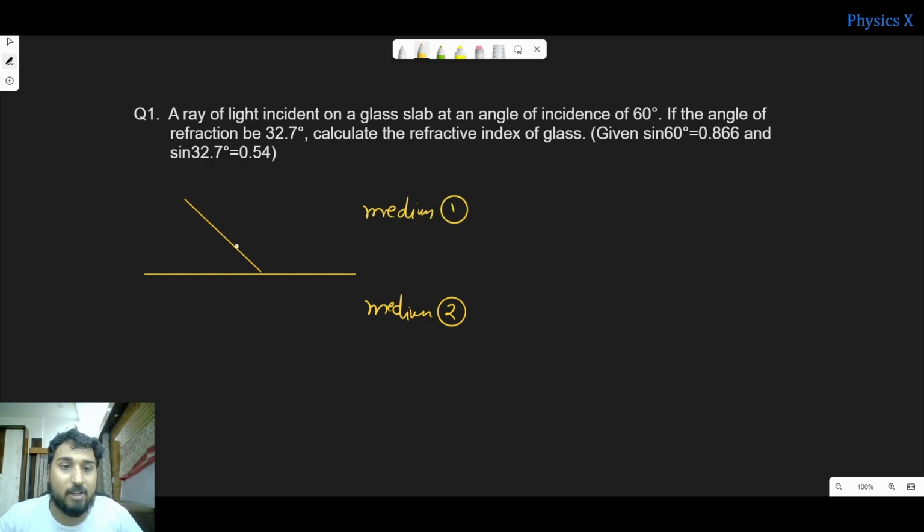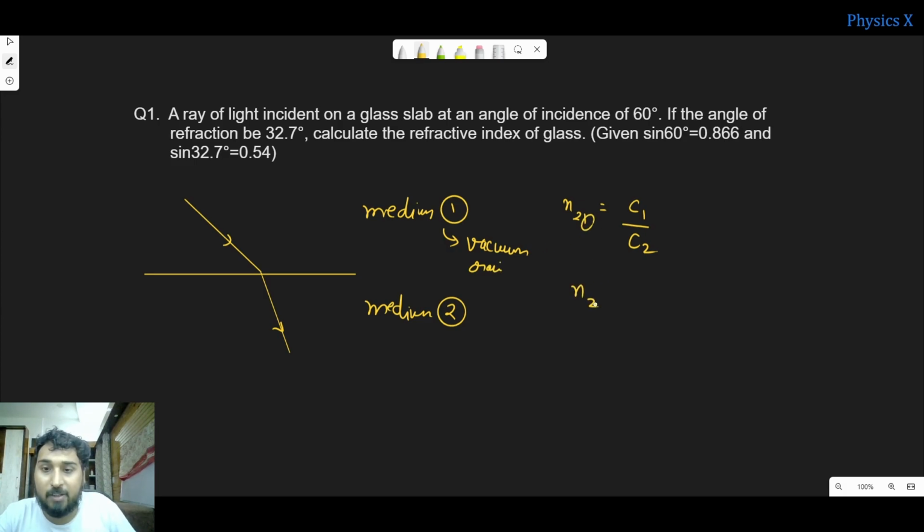A ray of light travels like that and goes like this in medium 2. So you call the refractive index n21, which is the speed of light in medium 1 upon the speed of light in medium 2. If we take the first medium as vacuum, or for that matter air, we replace c1 with c, the speed of light, and c2 remains intact.